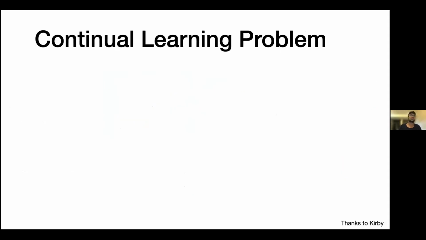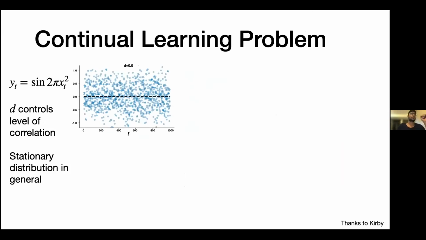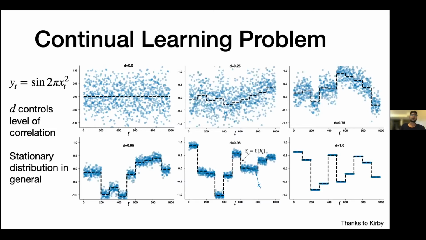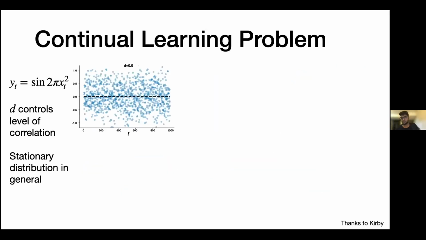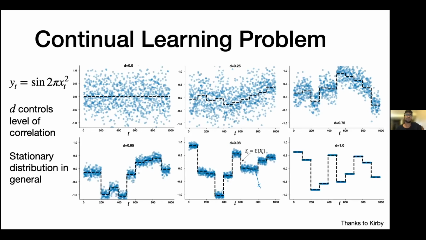And we also tried this on a continual learning problem where we have a regression problem with a single input and a single output. And D is a parameter which controls the level of difficulty of the problem. D equal to 0 is IID data. And as we increase D, the correlation between samples increases, but the underlying distribution is still coming from a stationary, IID distribution.